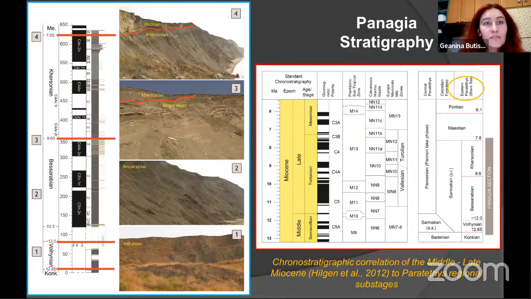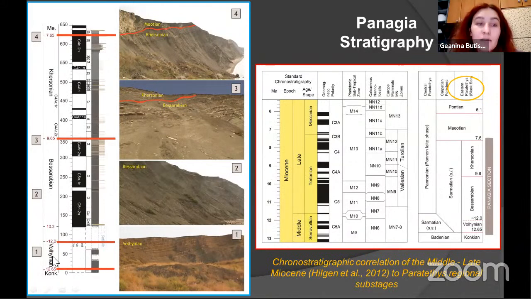In terms of stratigraphy, the Panagia section covers several local substages. The lower part covers a bit of Conchian. This starts around 13 million years until 12.65.